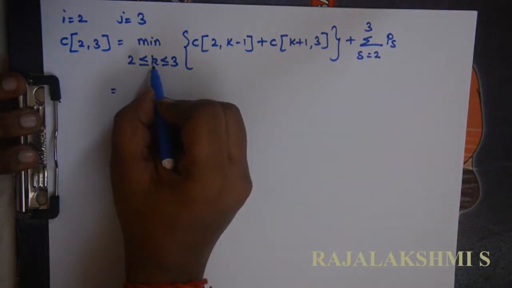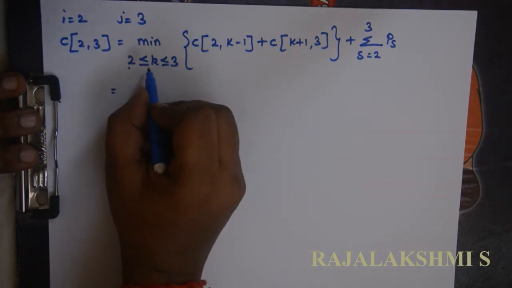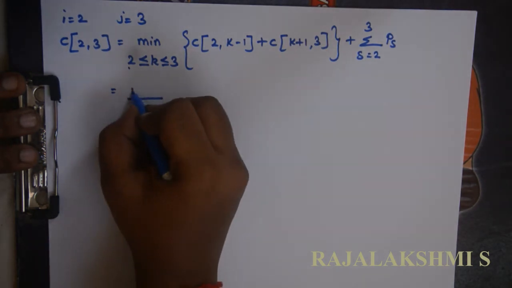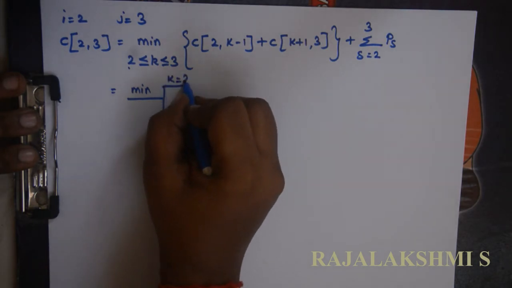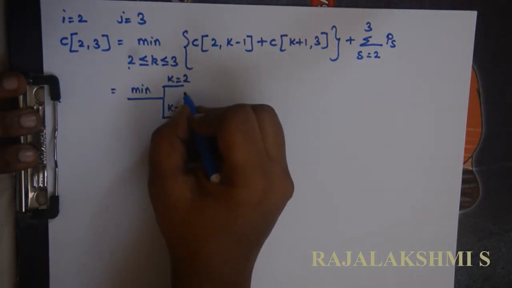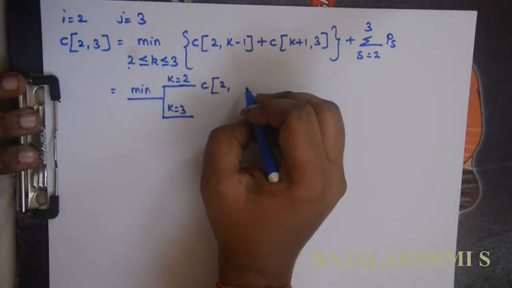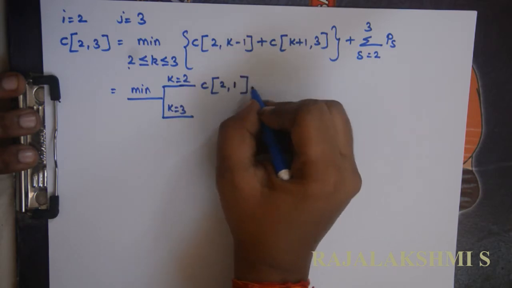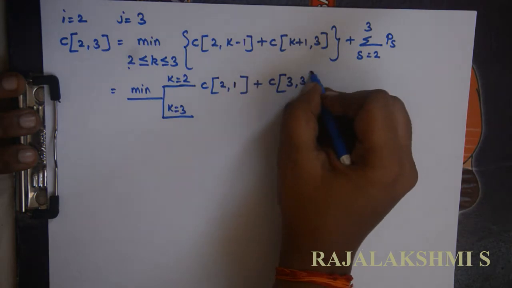So k takes all the integers from 2 to 3, so the only integers are 2 and 3 alone. So it is the minimum over k equal to 2 and k equal to 3. C of 2 comma k minus 1: k minus 1 means 2 minus 1, so it is 1, plus C of k plus 1, so it is 3 comma 3.